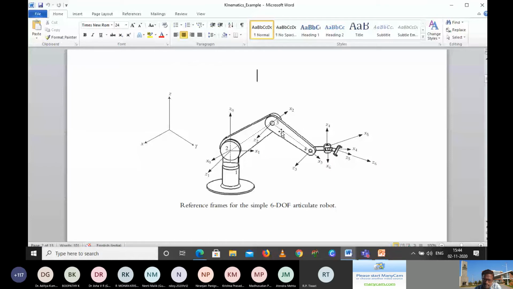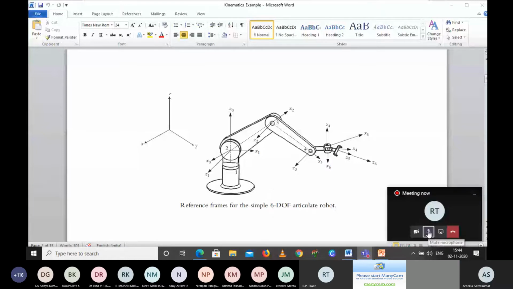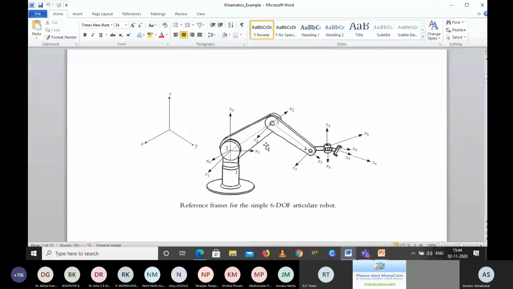So the second part and third part have the same rotational axis direction.